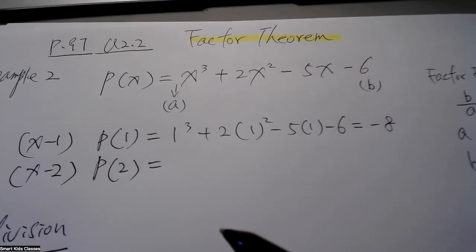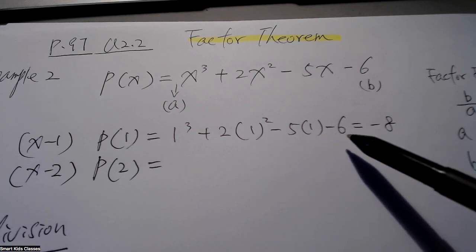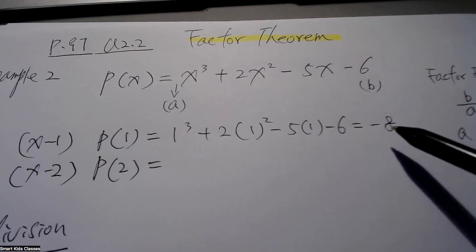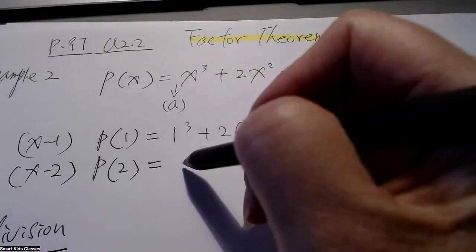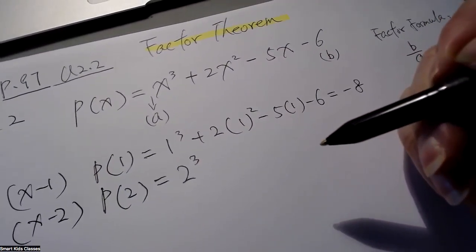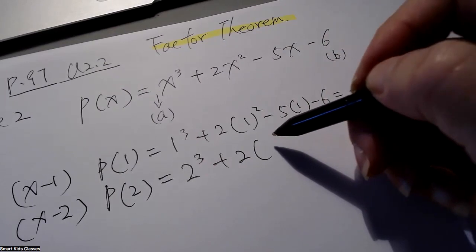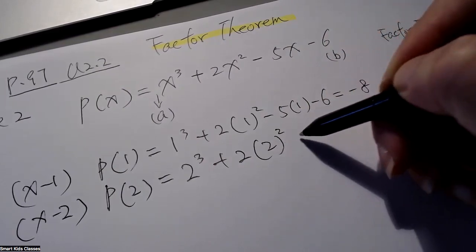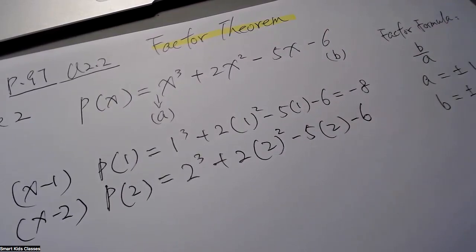Now let's try positive 1. I substitute positive 1 into the function. I get negative 8. This is not a factor. Now let's try positive 2. I'm going to put 2 to the power 3, plus 2 times 2 squared, minus 5 times 2, minus 6.